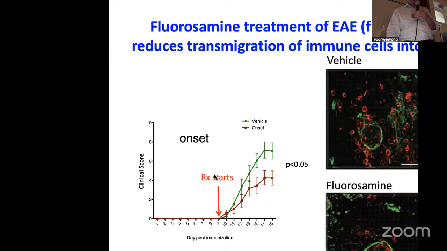So in that context, when treatment is started with daily treatment thereafter, just over a few days, you have diminution of clinical disability. And if you look into the spinal cord for histology, you see that these perivascular cuffs, immune cells have migrated into the CNS parenchyma. And in the context of fluorosamine treatment, we have reduced that transmigration, consistent with CSPGs facilitating immune cell trafficking into the central nervous system.